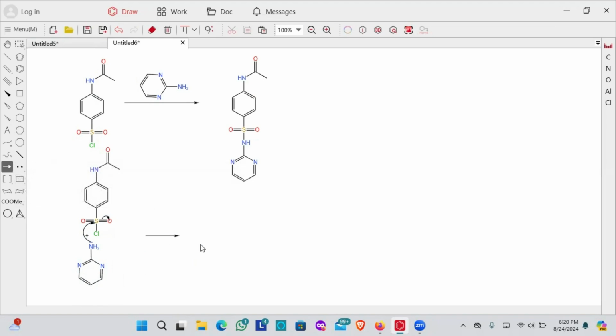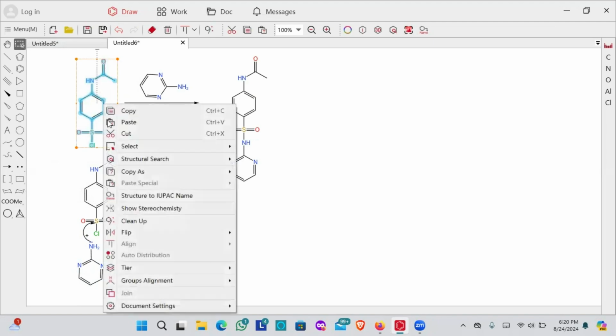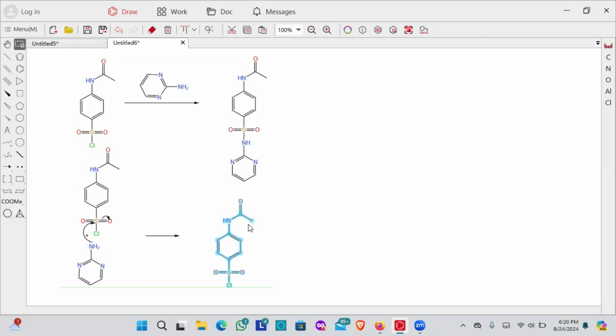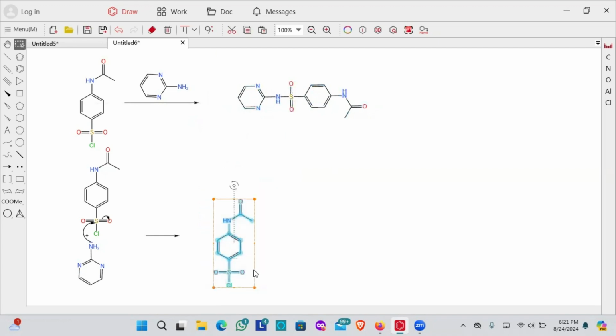Okay, let's also draw this. Copy. Let's move this sideways so that there is enough space, because this could be difficult to show. Let's move it sideways this way and move this a little bit upward. So we're going to end up with this as the byproduct.